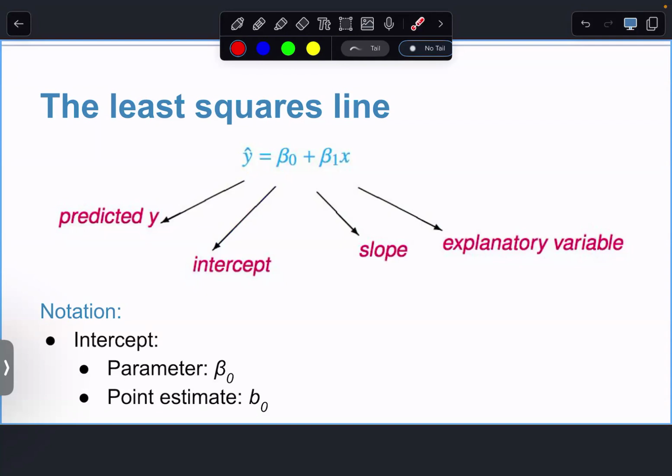Now beta is a Greek letter, a fancy B with a little tail on it. Beta naught is the population y-intercept. I'll say this is the population model. We don't have the population model. We're trying to learn how this population behaves.